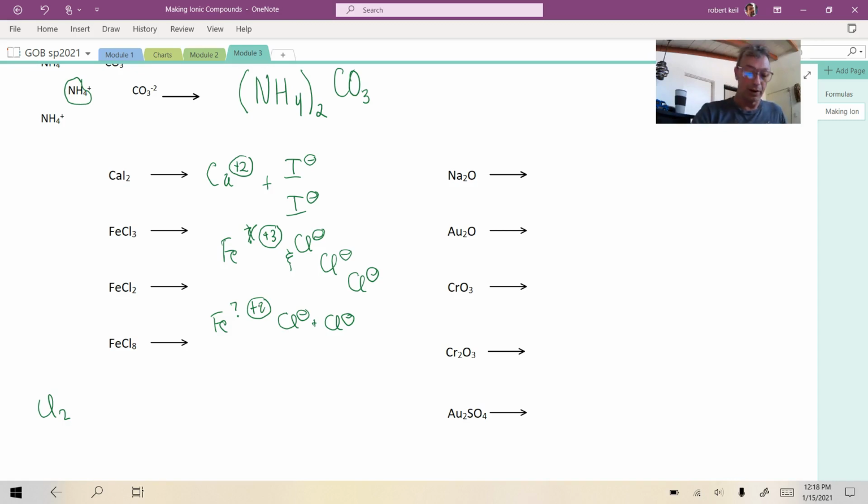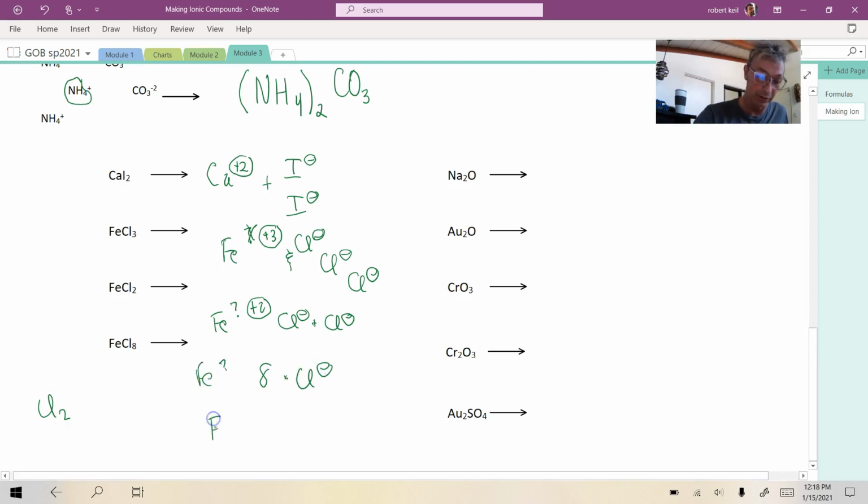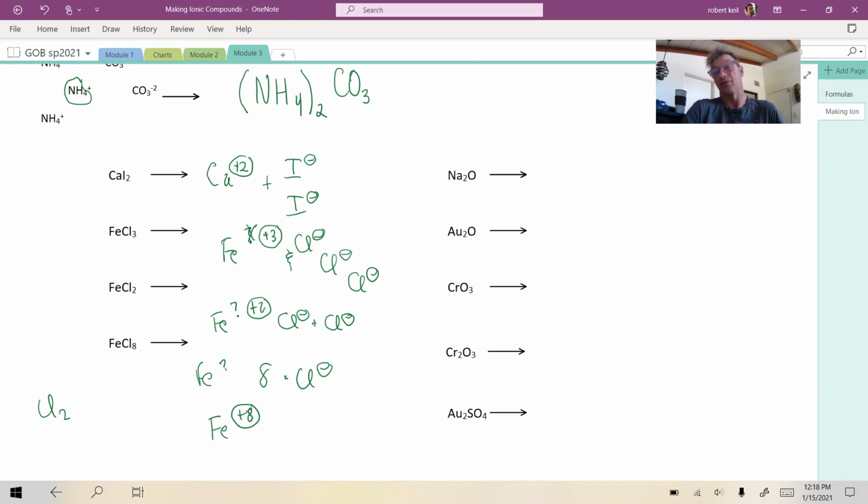This is an example of where this compound doesn't exist. So if there was 8 chlorines, what would the iron have to be? Well, obviously it would have to be iron +8, of which that is not actually correct. You can never have a charge that high. But that's a good test question. I could say, well, what is it if it was real? And you look it up and you have to figure that out. Okay, great. Move on. Let's do some more.